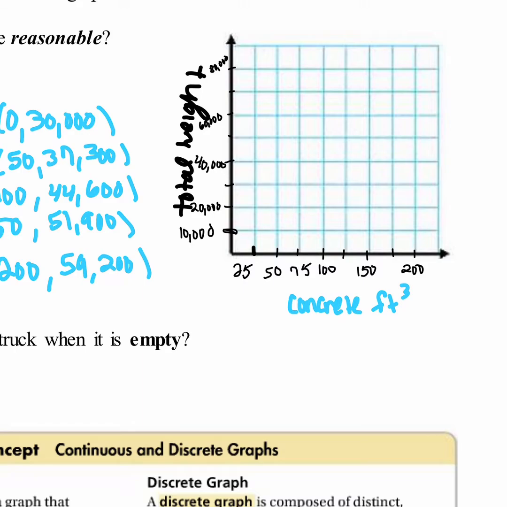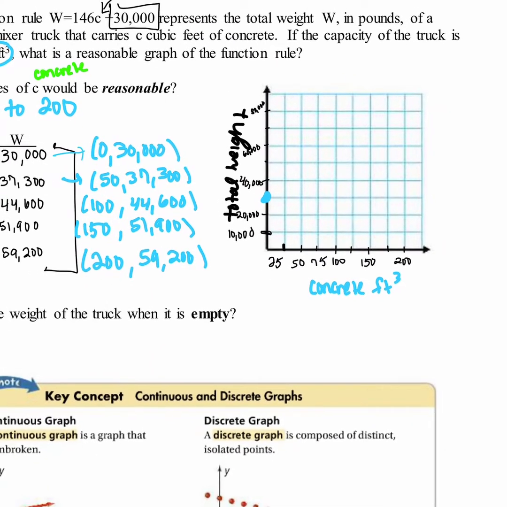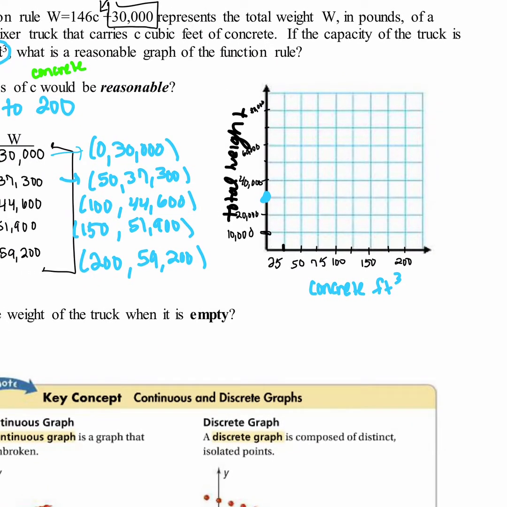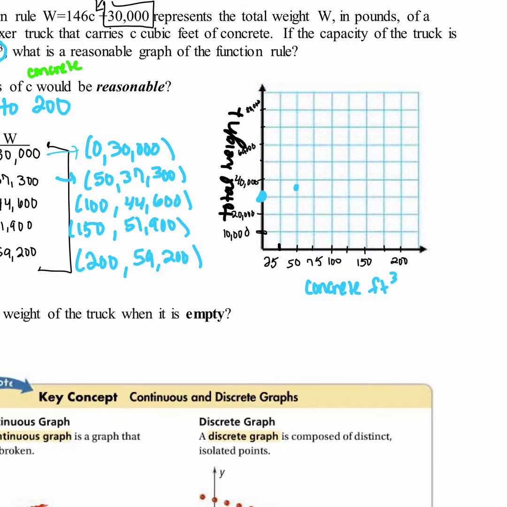All right, so graphing these points, 50 up to 37, you are going to have to estimate a little bit, no big deal. 100 up to 44, so about here. 150 up to 51.9, and then 200 up to 59.